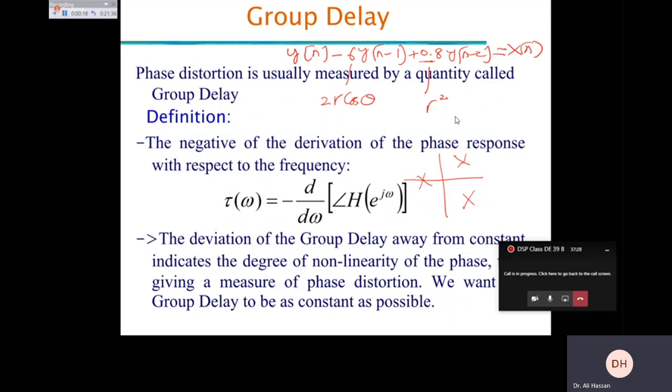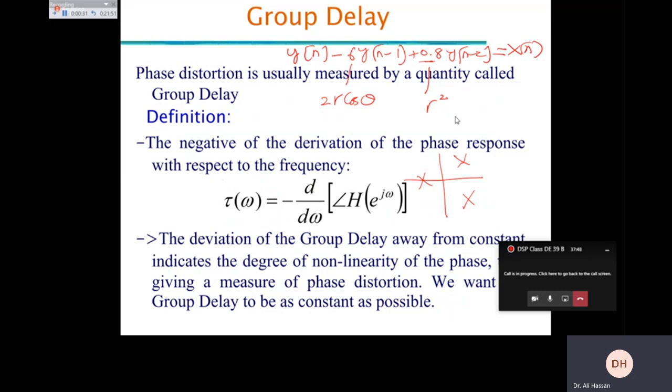But to understand the implication of the phase, there is a term called group delay. As the slide reads, the group delay is the negative derivative of the phase response.